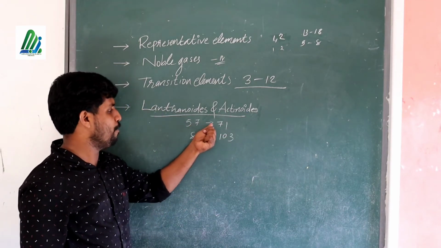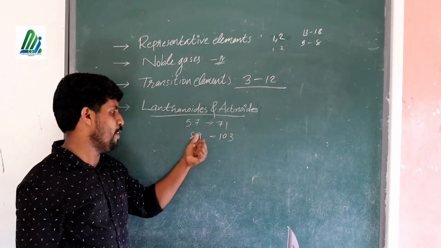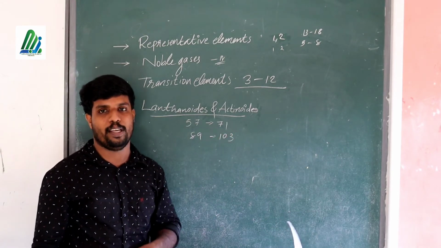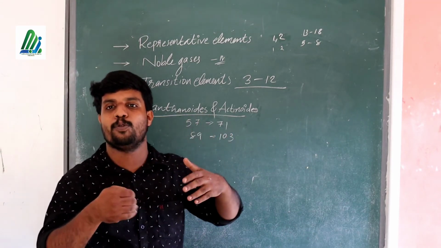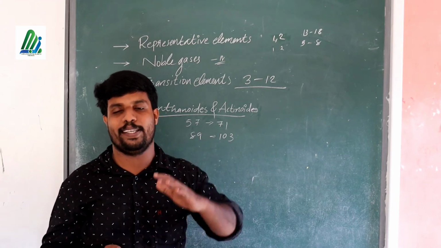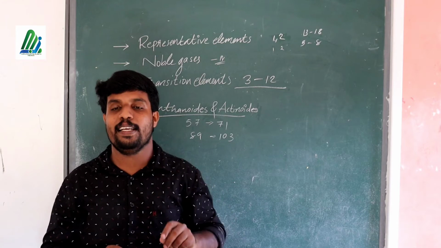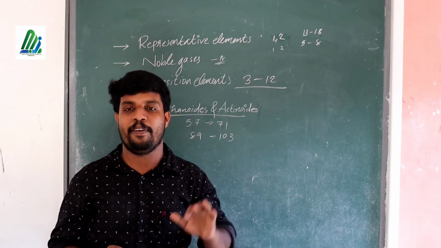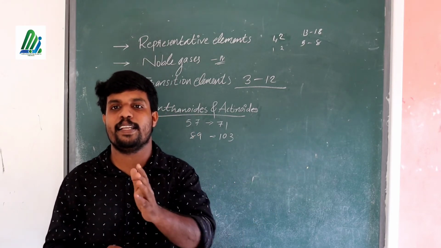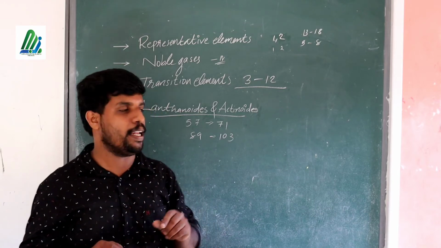From atomic number 57 to 71, and 89 to 103. Look at the periodic table, in the lower section. After lanthanum, the elements arranged in a series are known as lanthanoids. After actinium, they are arranged in another series known as actinoids.